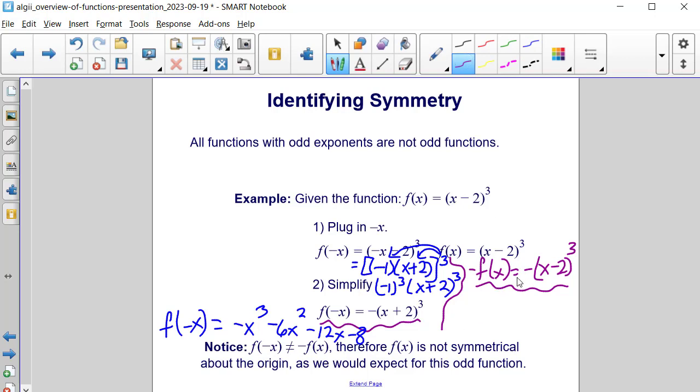And then if we expand out negative f of x, we end up having negative x to the third plus 6x squared minus 12x plus 8. And we can see that these two functions are not the same. And when expanded out, they have both odd and even exponents, which also makes it not an odd function.